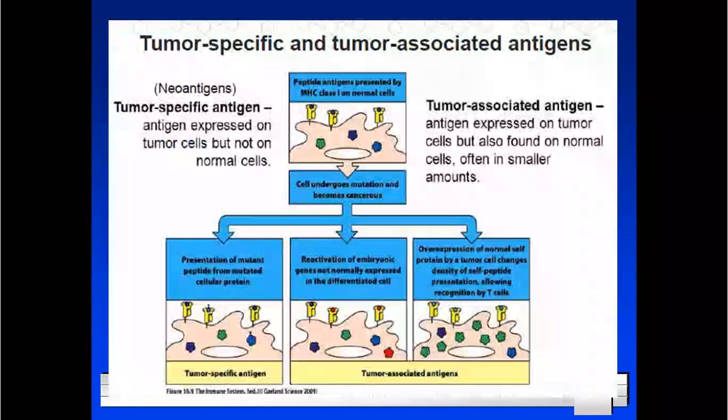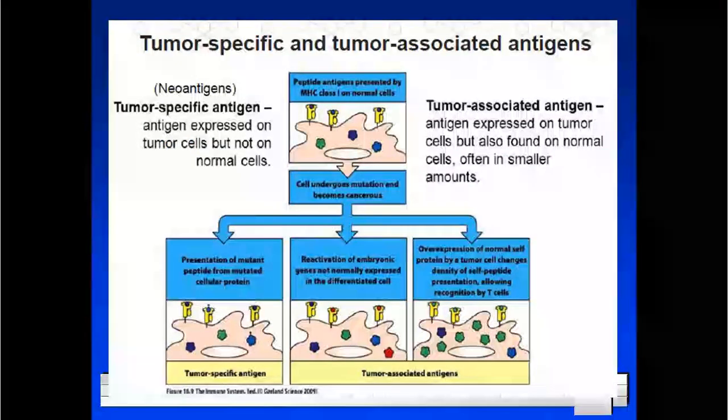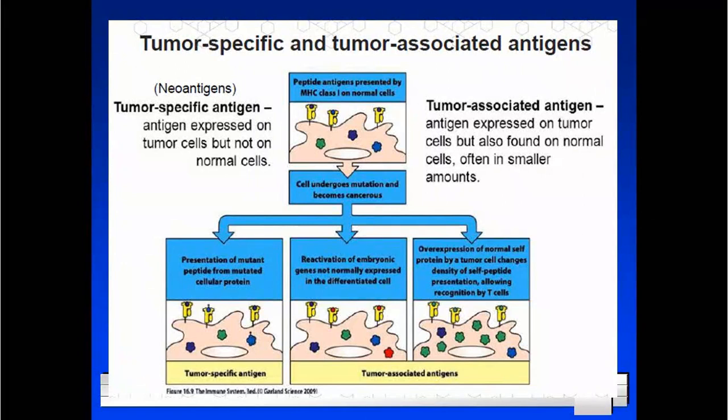This figure shows the tumor specific and the tumor associated antigens, and explains what we mentioned about the two types of tumor markers. In case of tumor specific antigens, they are neoantigens and are expressed in tumor cells but not on normal cells, so they are only expressed in tumor cells.